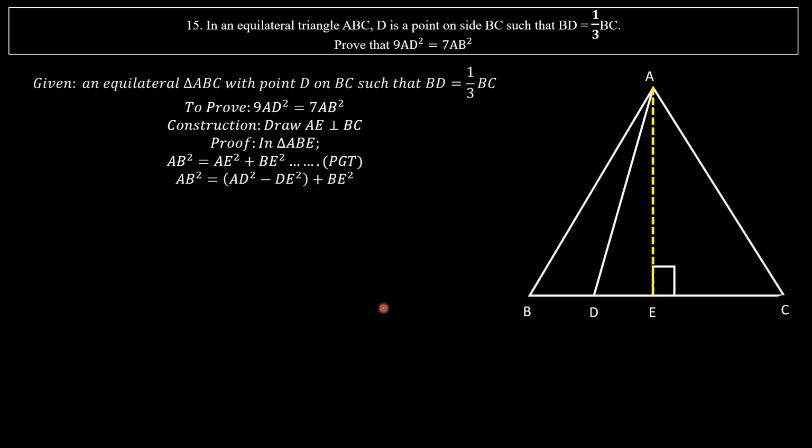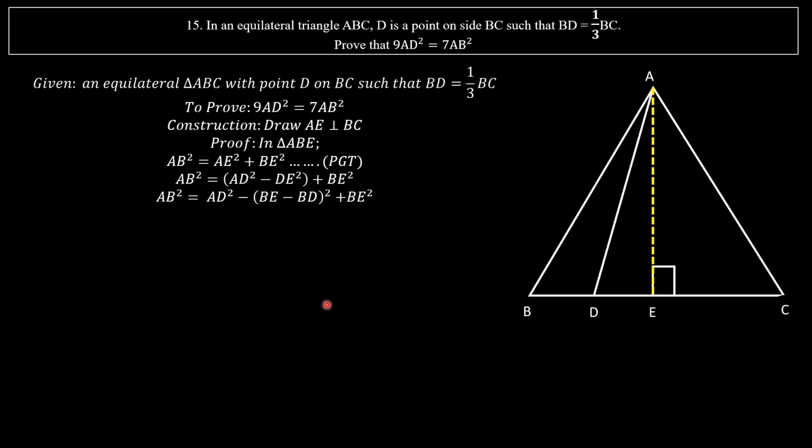Again AE square from this triangle ADE, this is also a right triangle, so AE square is equal to AD square minus DE square.